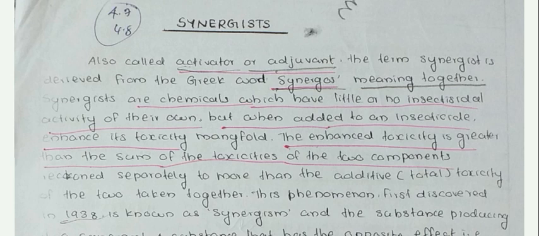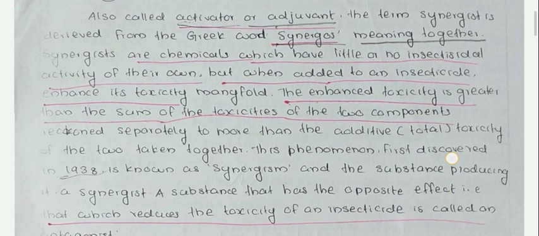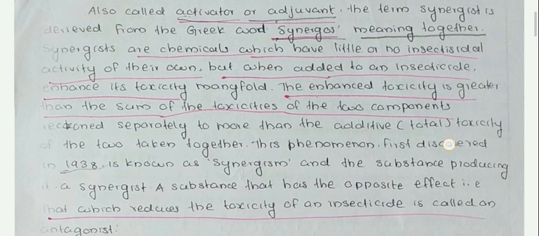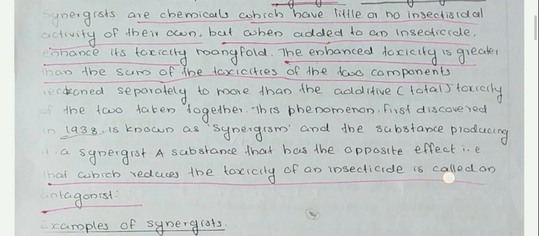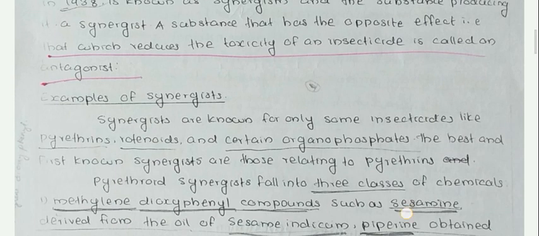The enhanced toxicity is greater than the sum of the toxicities of the two components used separately, more than the additive total toxicity of the two taken together. This phenomenon, first discovered in 1938, is known as synergism, and the substance producing it is a synergist. A substance that has the opposite effect, which reduces the toxicity of an insecticide, is called an antagonist.